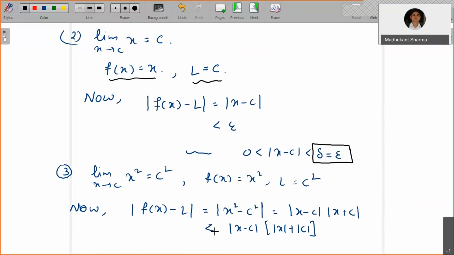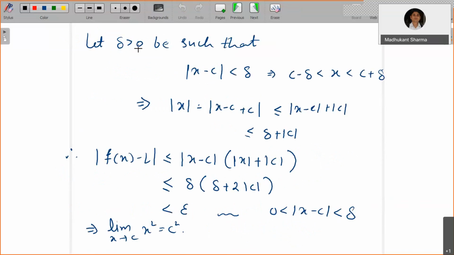Now if you use the triangle inequality, this is less than or equal to mod x minus c times mod x plus mod c. Now we are going to bound this by a certain number. Now let mod x minus c be less than delta. Then what about mod x? That we are going to see.